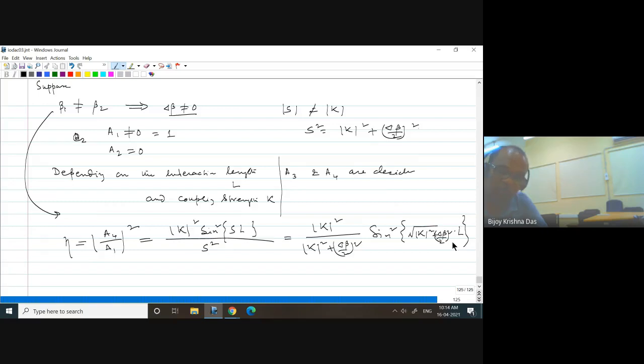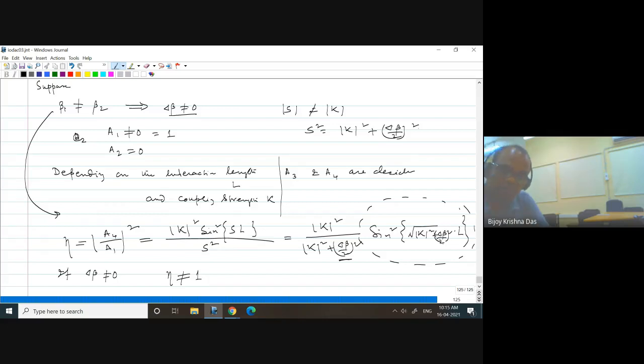Now I want to consider the particular case where delta beta is not equal to 0, so some value is there. This is a sine function, right? So there is no way, if delta beta is not equal to 0, you will never get eta equal to 1.